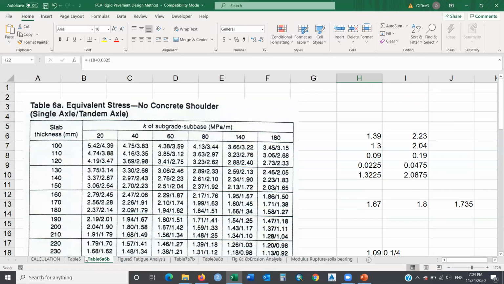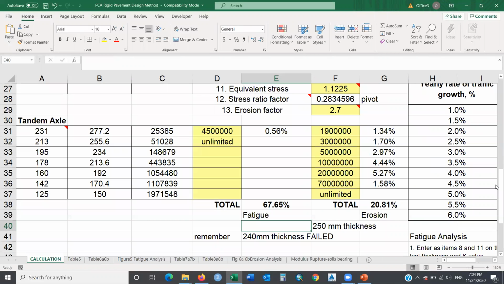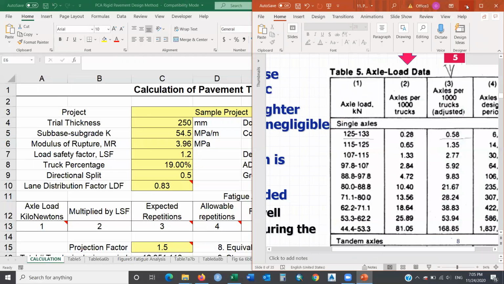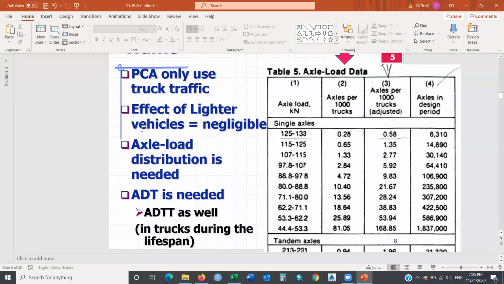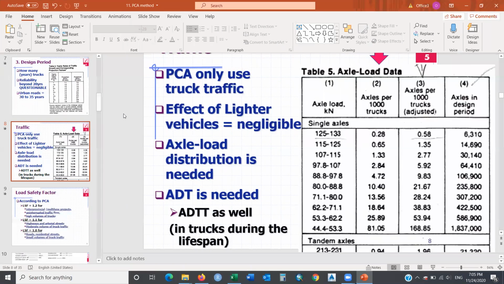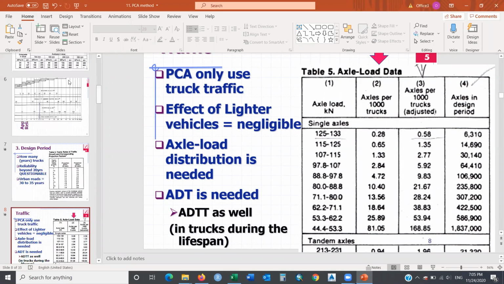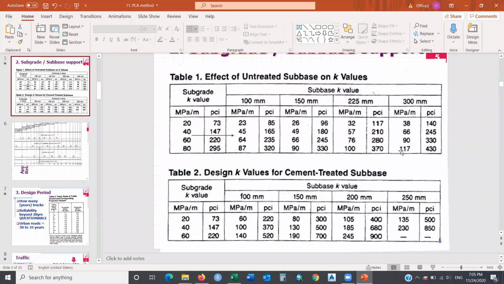Adding a shoulder, does that help? Oh, it would be a different graph. Here we go. So you can make a concrete shoulder. That will help. What other element can help? A hint on screen for you.